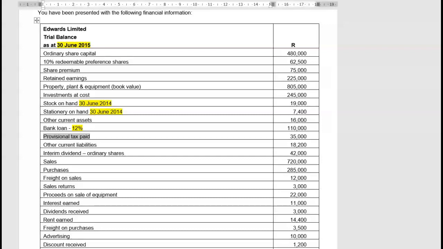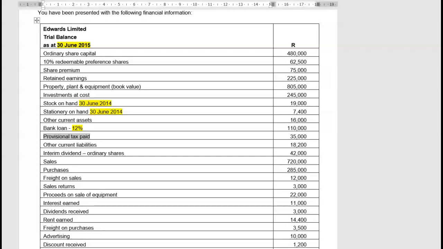How does it work? Let's say the financial year starts on the 1st of January. Come 30 June, the company must estimate how much profit they think they're going to make for the full year ending 31 December 2012. Let's assume that based on that, they're going to pay 28% tax.